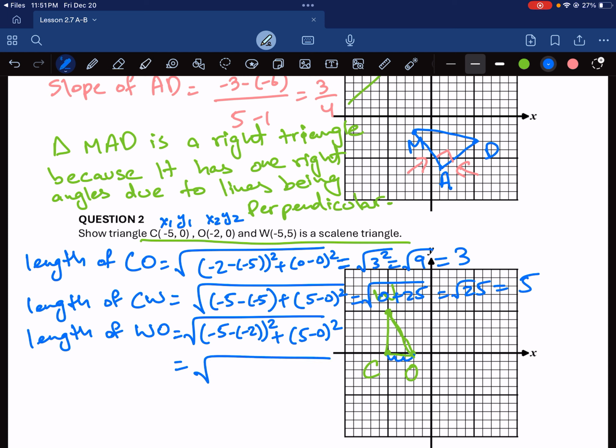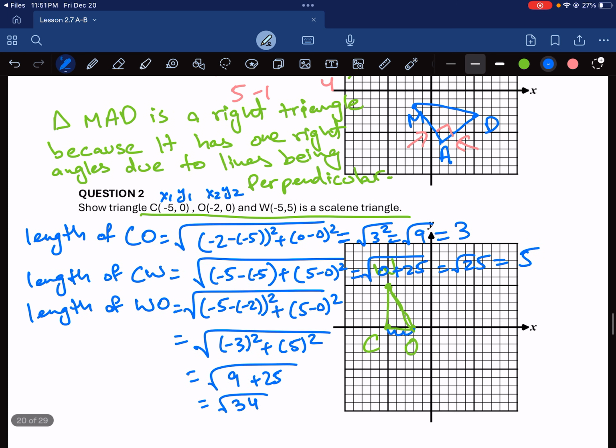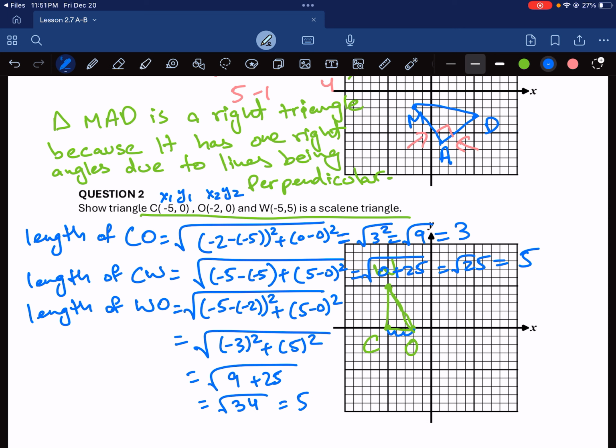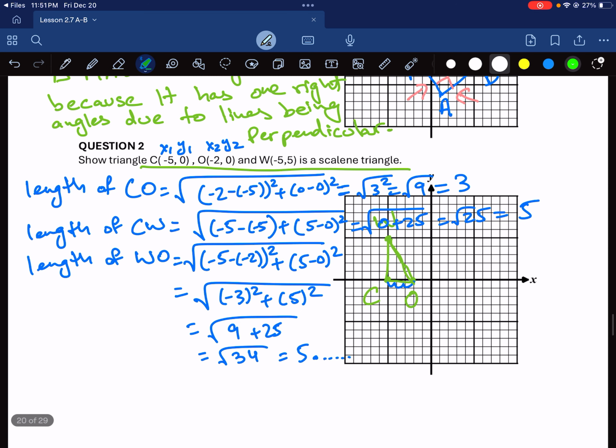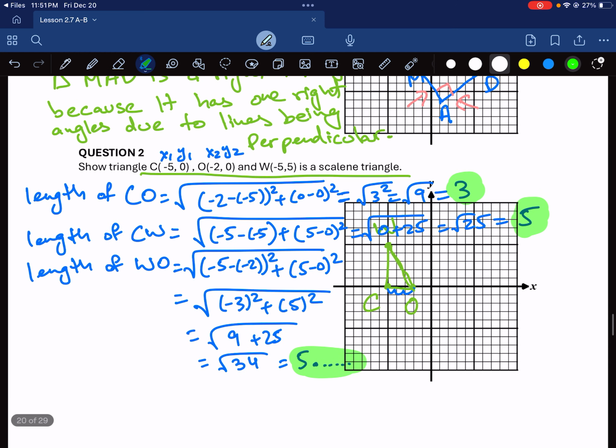So negative 5 minus negative 2 is negative 3 squared plus 5 squared equals 9 plus 25, which is square root of 34. And that should be 5 point something. I don't have a calculator in front of me, but that should be 5 point something. So as you can see, we found the lengths and we got 3 different lengths. I know this is 5 and the other one is 5 point something and the last one is 3.